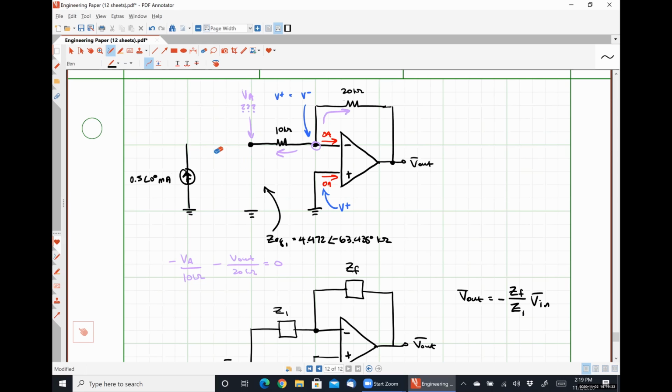Exactly right. So now we would have ZEQ1 up here.